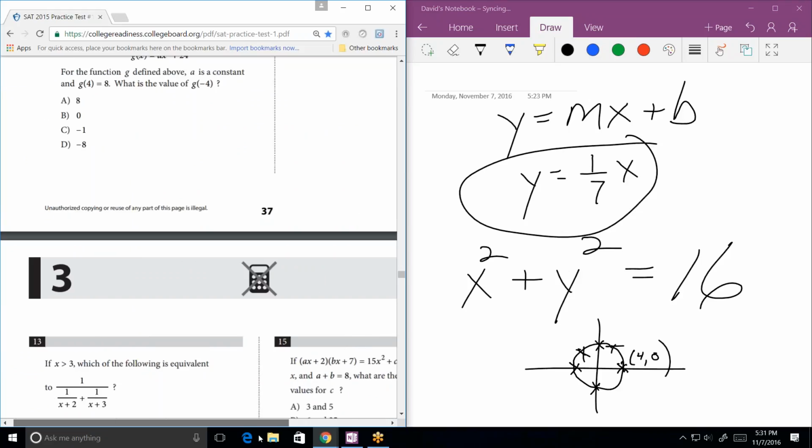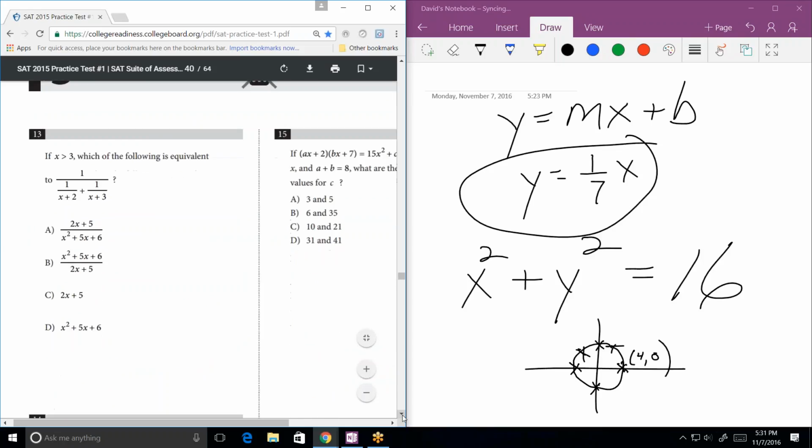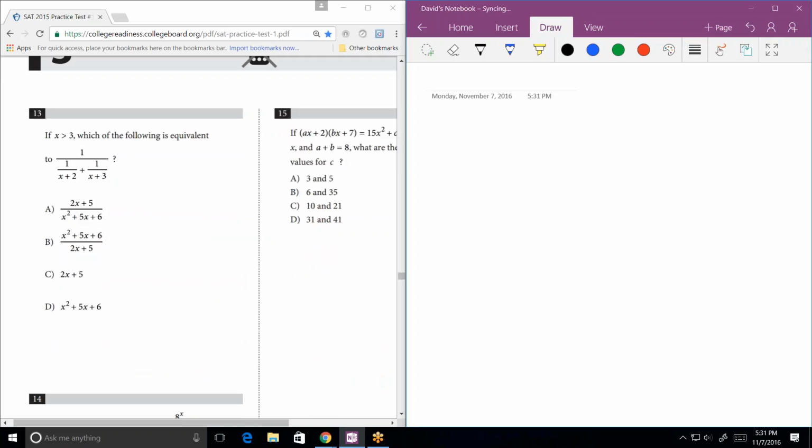Let's look at 13, which is down below here. If x is greater than 3, which of the following equations is equivalent to this expression?